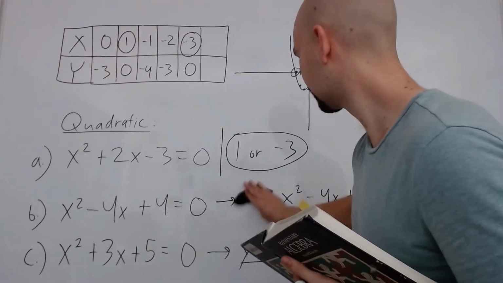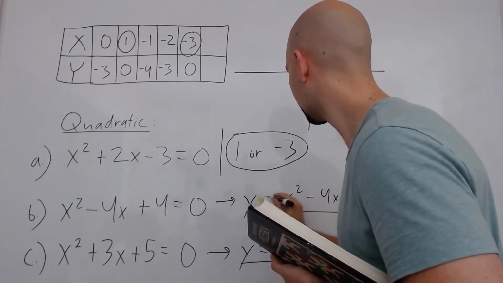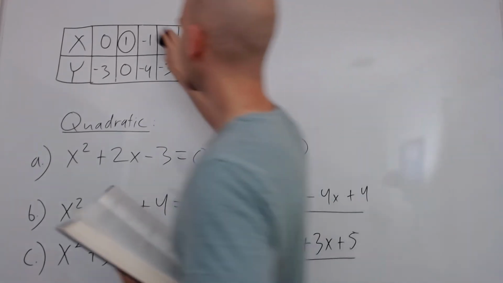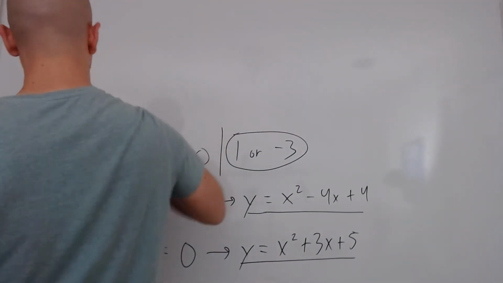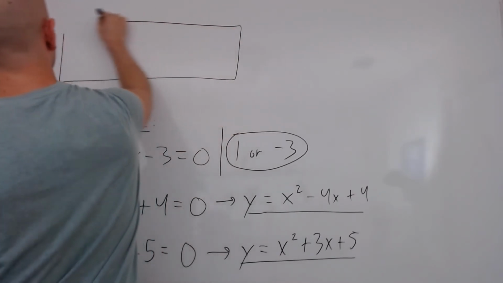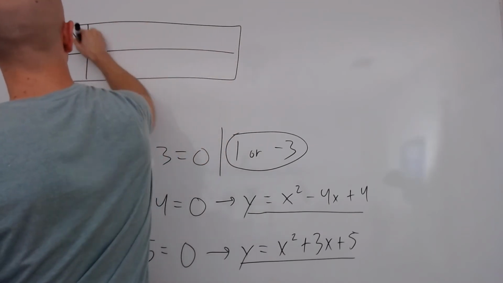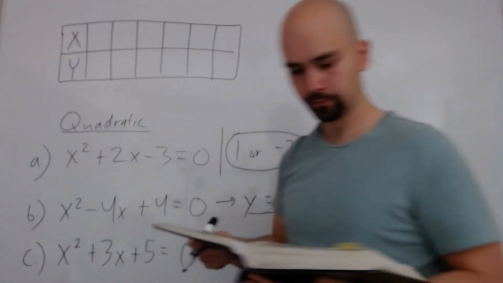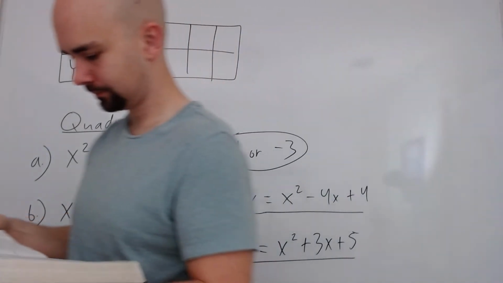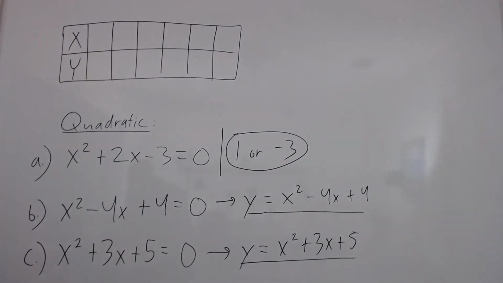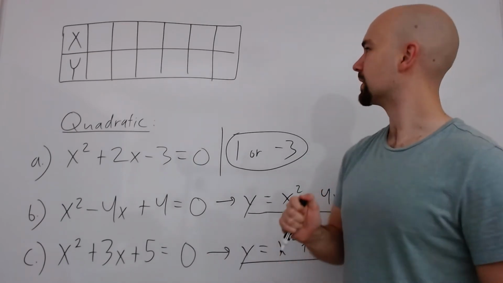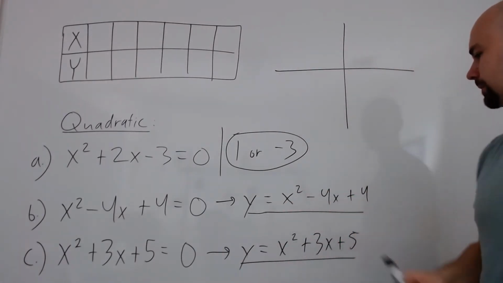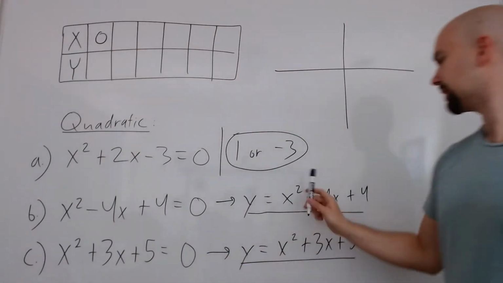Now let's look at the second one. The y-intercept is going to be 4, because if 0 is the value of x, 0 squared minus 0 plus 4.